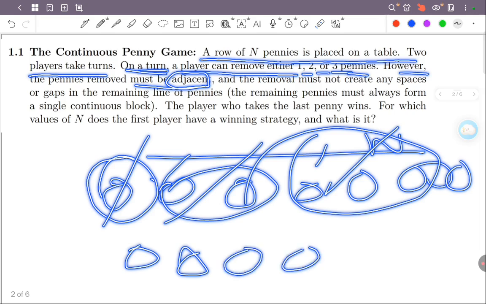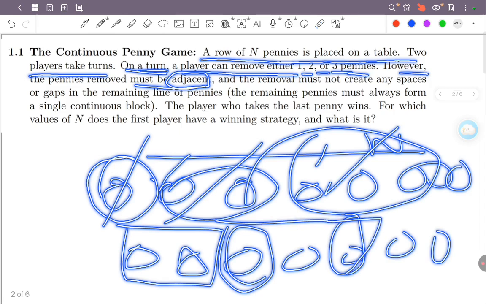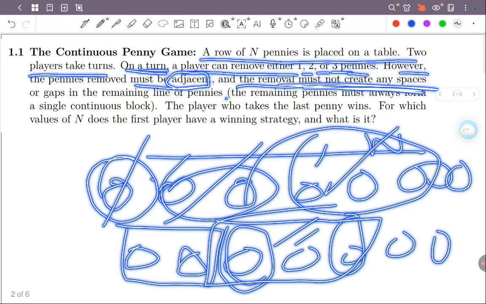There are n pennies. He cannot remove this penny and this penny. He can remove one block of two pennies, one block of three pennies. You got it. And the next is removal must not create any space or gap in the remaining line of pennies.